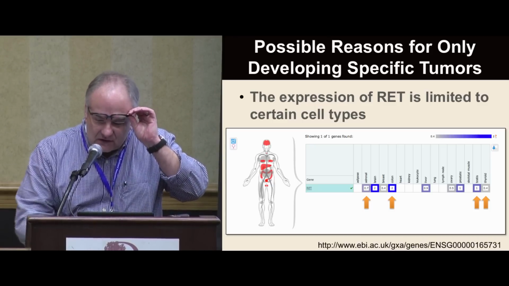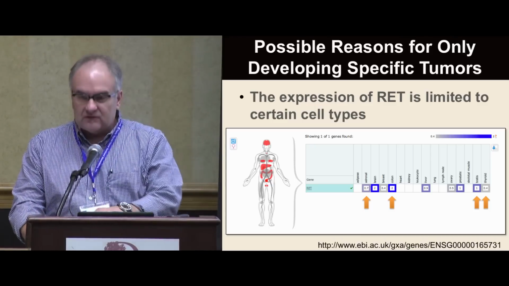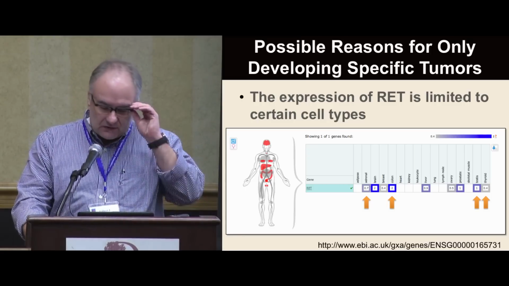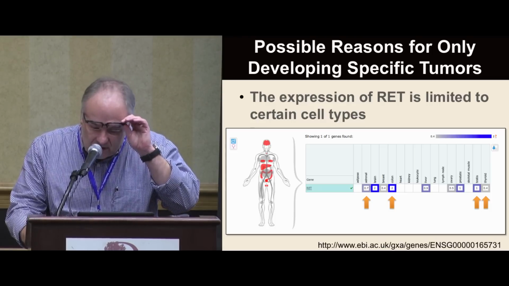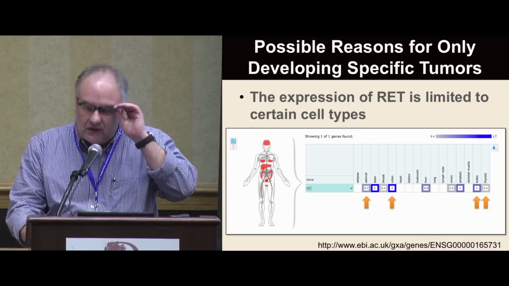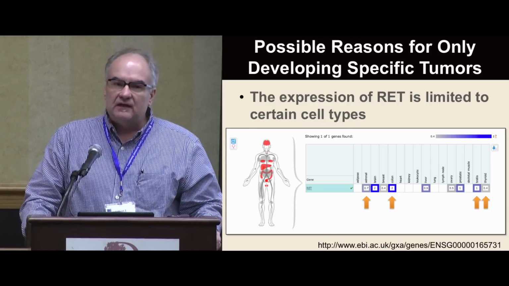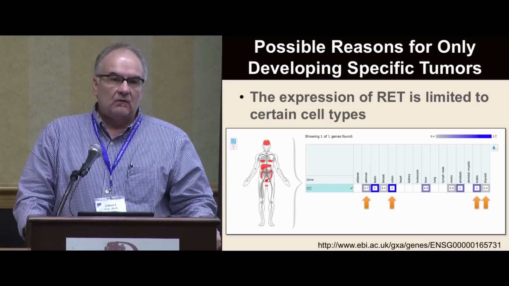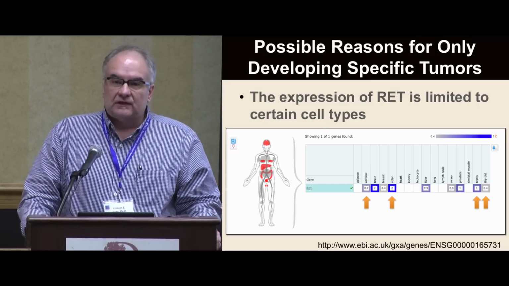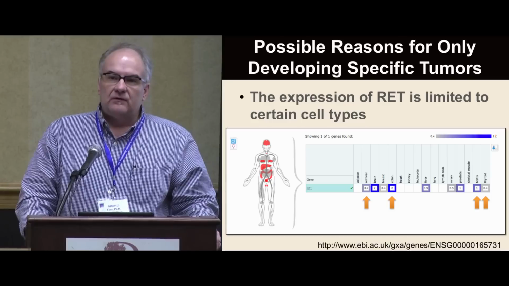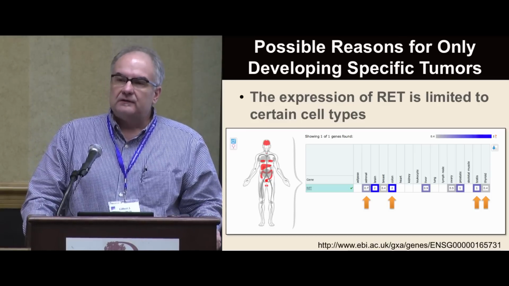It is expressed in the colon. It is expressed in the thyroid. But it's also expressed in the liver. It's also expressed in breast. It's also expressed in the testis. But we don't get tumors there. So we are fortunate that at least where we know the gene is expressed, it doesn't always cause cancer.